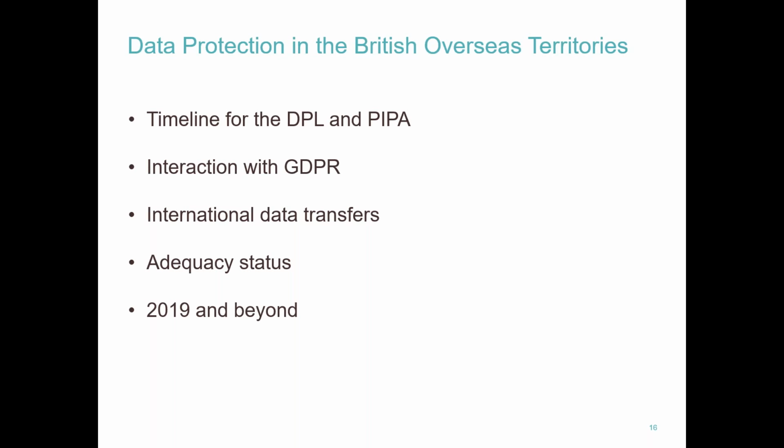Data breach notification: there are longer periods to notify under both laws. Both laws are less prescriptive in terms of the technical and security measures that data controllers need to put in place in terms of cybersecurity and protecting their data. And there's no separate liability in either jurisdiction for data processors. The appointment of a data protection officer is mandatory in Bermuda, or will be mandatory in Bermuda, but is not required in Cayman, although that is recommended best practice.